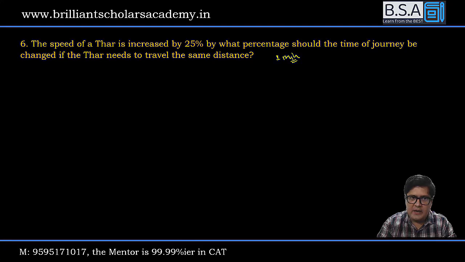Speed of Thar is increased by 25%. By what percentage should time of journey be changed if Thar needs to travel the same distance?